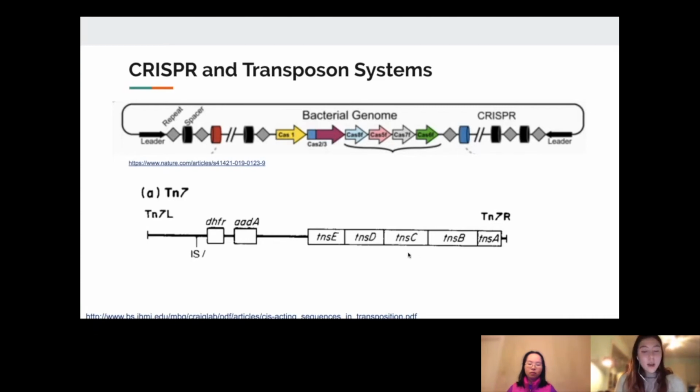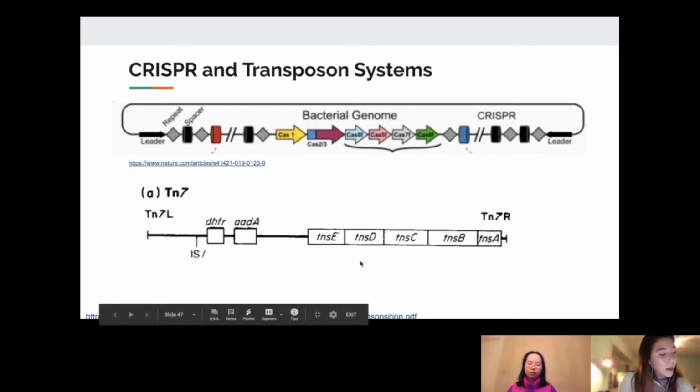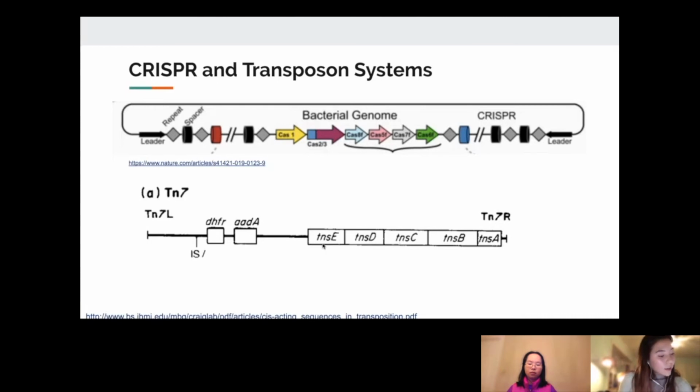TNSC is an ATPase that helps provide energy between TNSAB and these other TNS ones. And then TNSD and TNSE are mutually exclusive targeting factors that specify DNA insertion sites, so where the donor DNA should be placed.